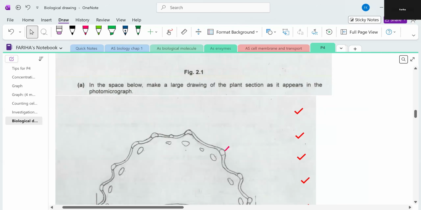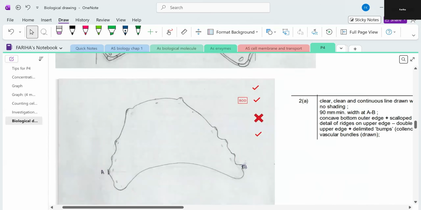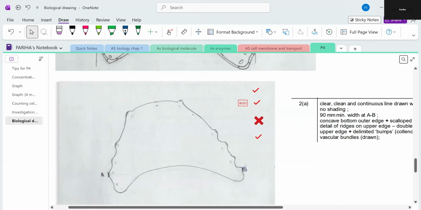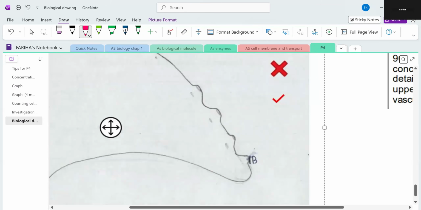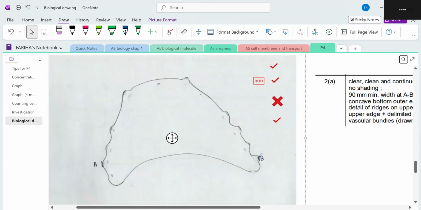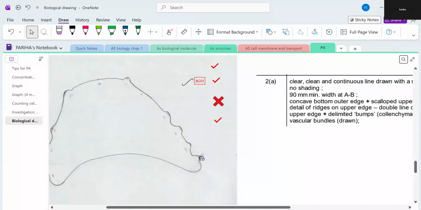Okay. Now this is a 4-mark diagram. Why a 4-mark diagram? Because the double lines are not shown. Vascular bundles are drawn, but they are drawn with shading. That's why it will get marked wrong. BOD means benefit of the doubt, whether the diagram is of 90 millimeter size or not.